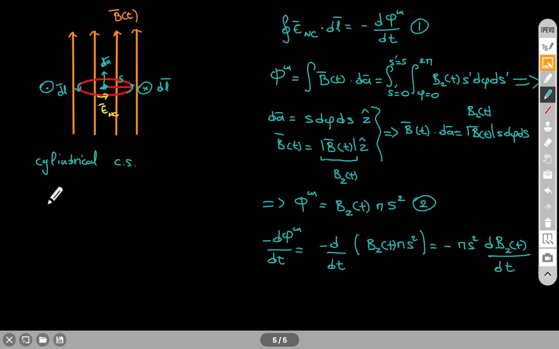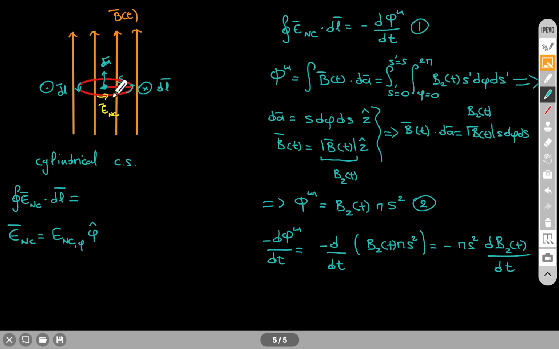So to find, this is what I need to calculate around my loop, the non-Coulomb electric field dot dl. That's the closed path integral. I will write the non-Coulomb electric field as E, comma phi for the phi hat component times phi hat.